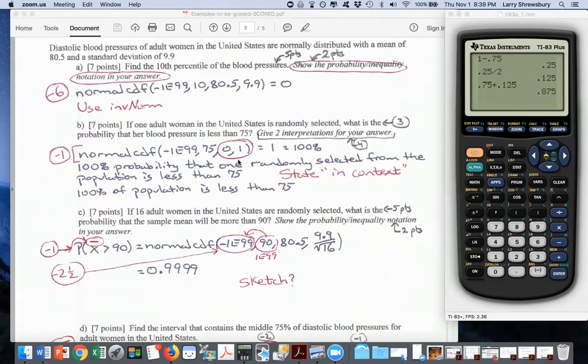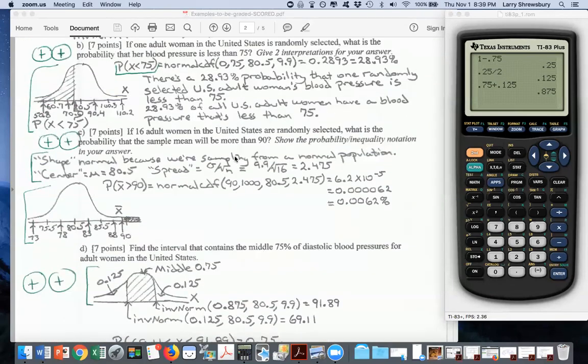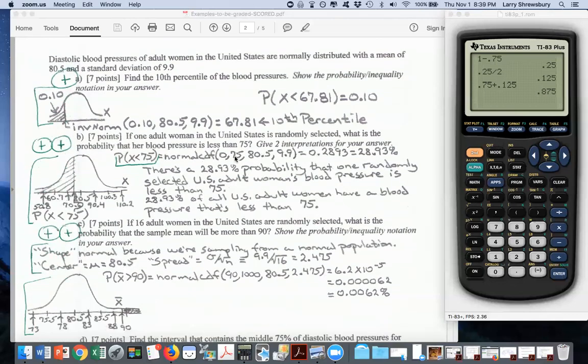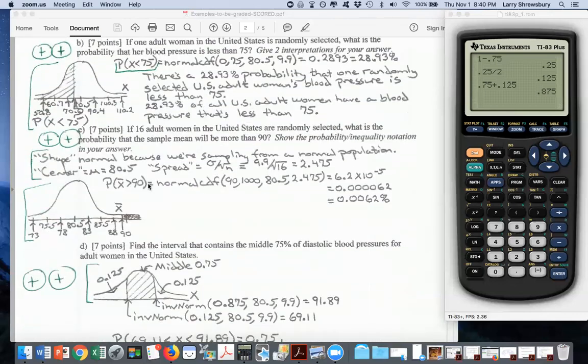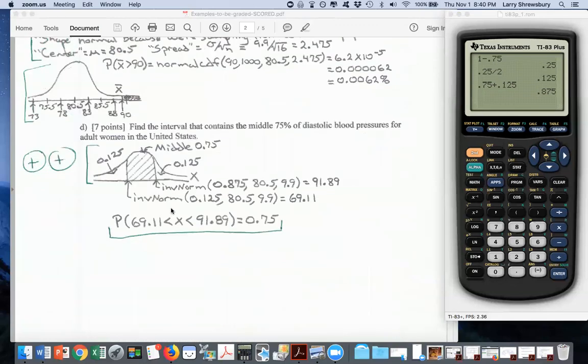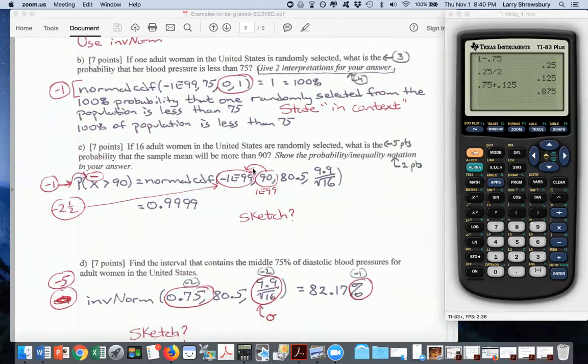Because doing it correctly, you're going from that sample mean to the right, to positive infinity, and they went the wrong way. Well, that's the sort of thing that happens to people who don't make sketches. If you make a sketch, it's much more obvious and clear what your lower bound, upper bound is. So, they lost points for going the wrong way.